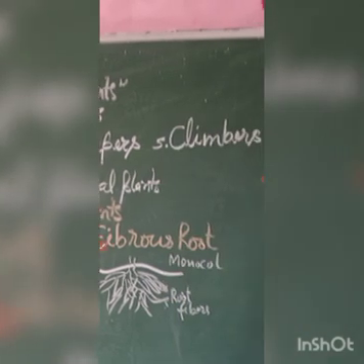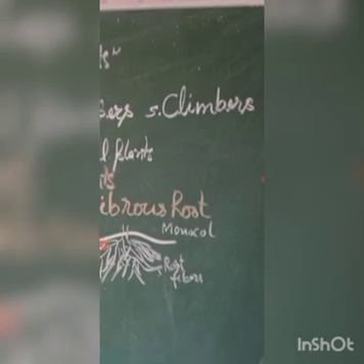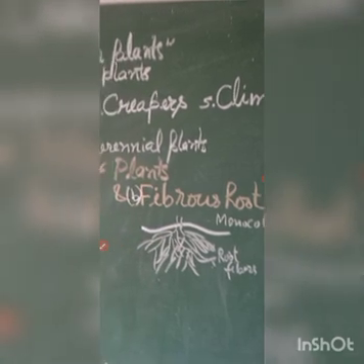So students, the next is the climbers, like pea plant and some other plants which are very soft. As far as their climbing nature is concerned, they climb on the tree, on the stalk, on the wall, on the roof with the help of tendrils.